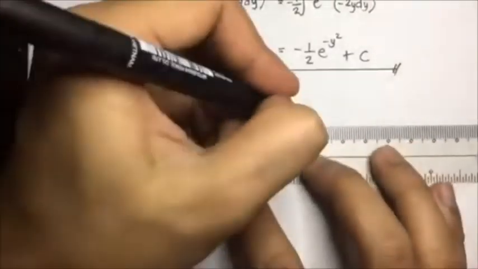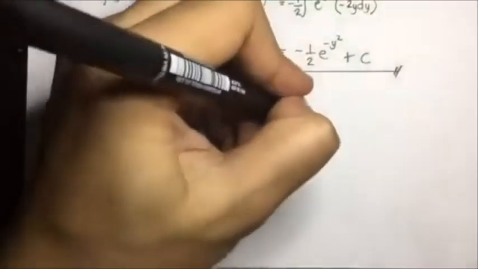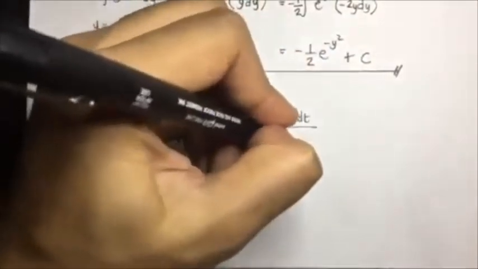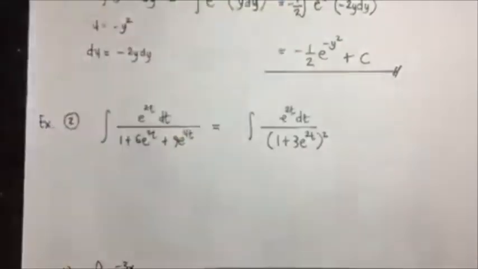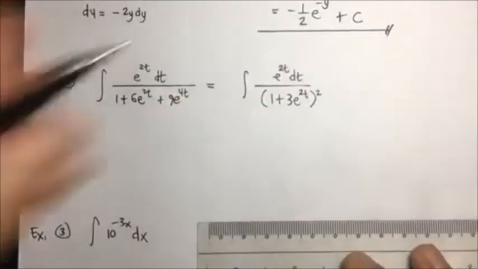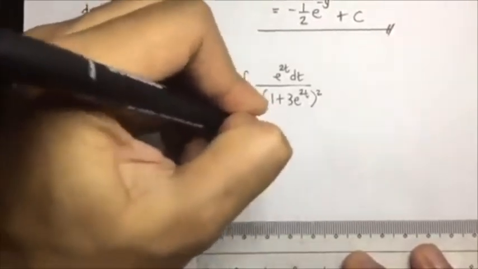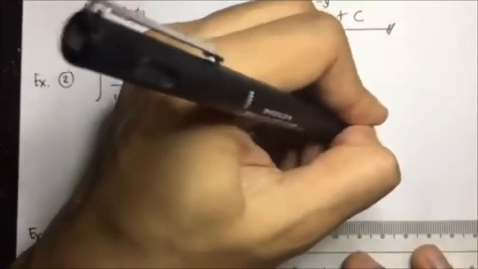We can factor the denominator as 1 plus 3e raised to 2t, squared. So we can express that as the integral of 1 plus 3e raised to 2t, raised to negative 2, times e raised to 2t dt.